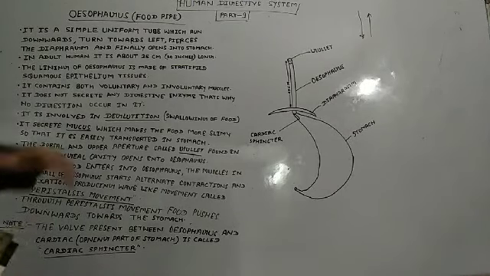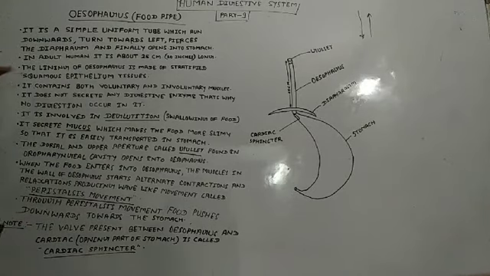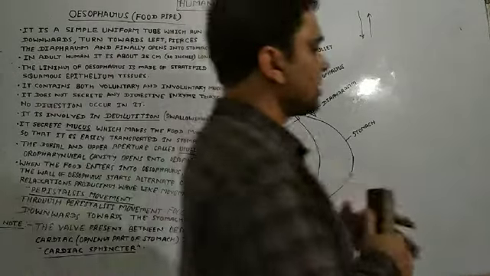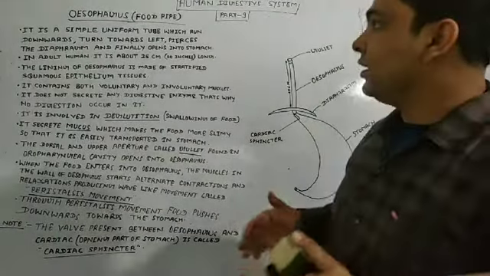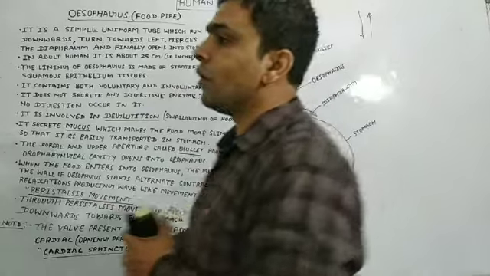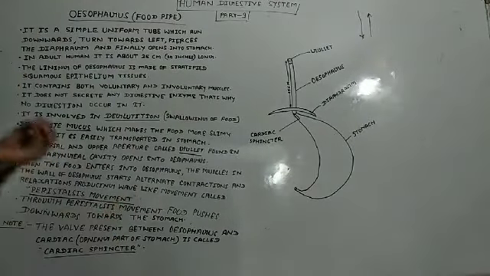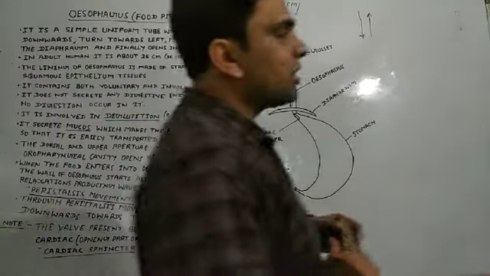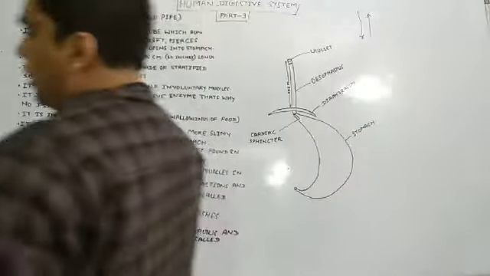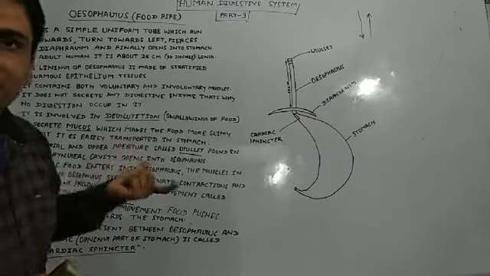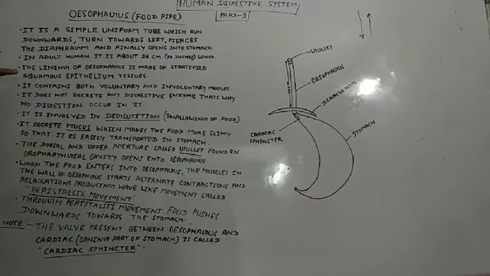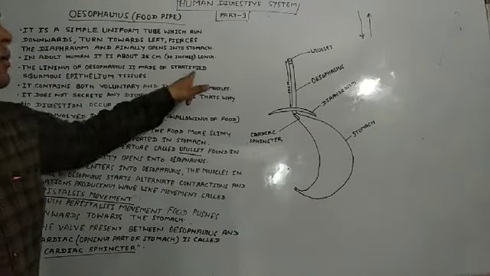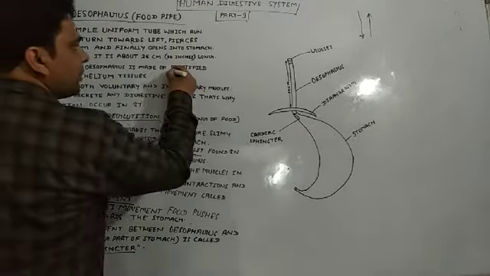The lining of the esophagus is made of stratified squamous epithelium tissue.